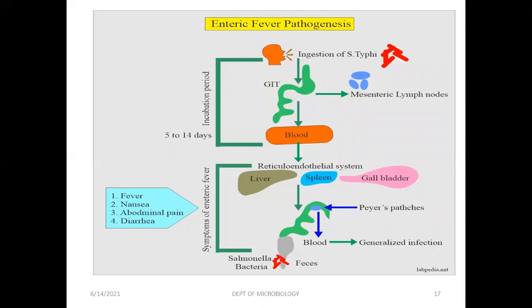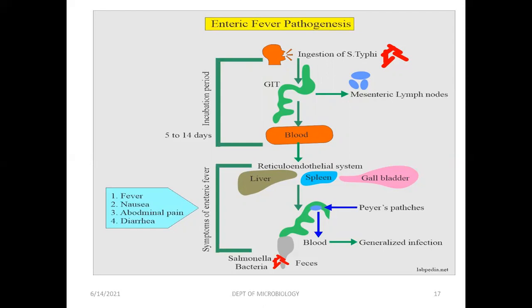So this is the diagrammatic representation of the pathogenesis of typhoid fever. First, Salmonella typhi gets ingested, and reaches the GI tract and the mesenteric lymph nodes. From there, after completion of the incubation period, which is 14 days, they reach the blood.